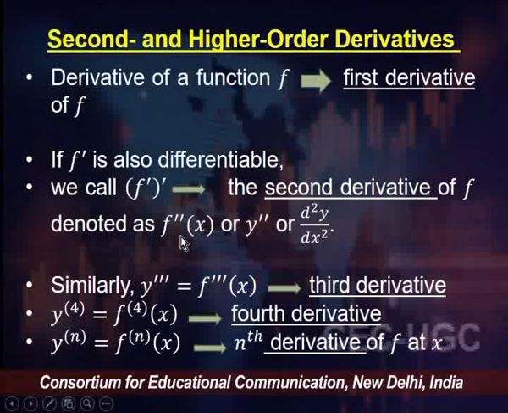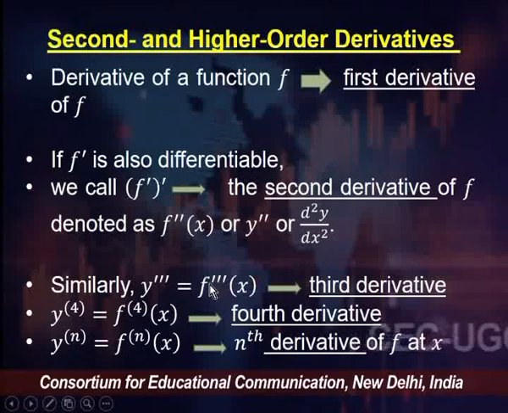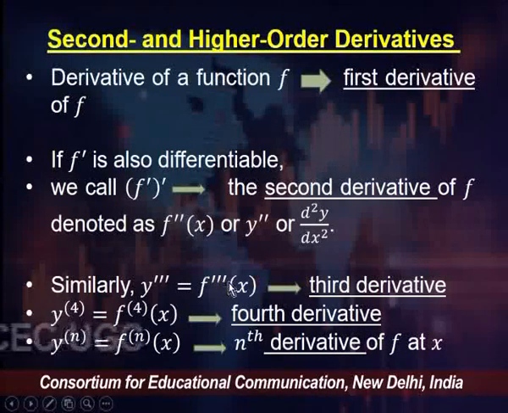That is denoted as f double prime of x, or y double prime, or d2y by dx squared, whichever notation you want to use. Similarly, the third derivative would be the derivative of the second derivative, so that's f triple prime of x.